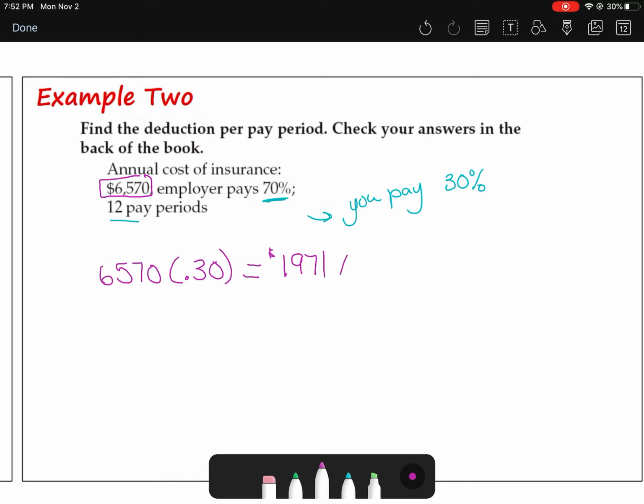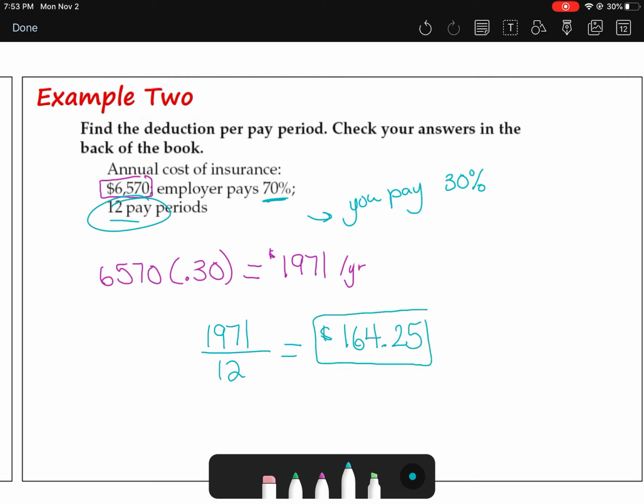Remember, that is per year. To figure out the pay period, she gets paid 12 paychecks. So I'm going to take $1,971 and divide that by 12. So per paycheck, I have $164.25 being taken out for medical insurance, which is actually really good.